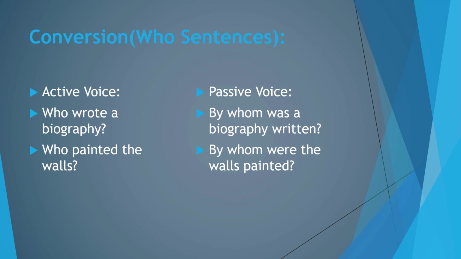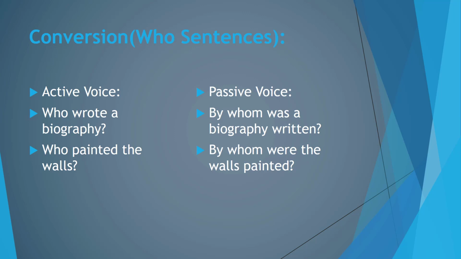The last type of sentence is who sentence. It is used to inquire about the subject, so the structure is totally different. For example, who wrote a biography? By whom was a biography written? The next example is who painted the wall, and the passive voice is by whom were the walls painted?